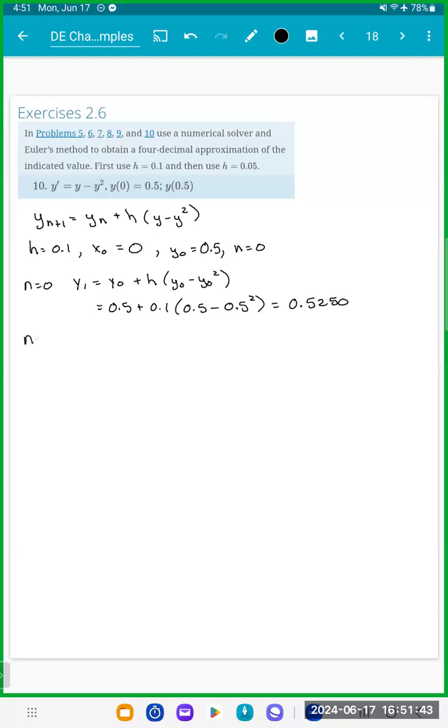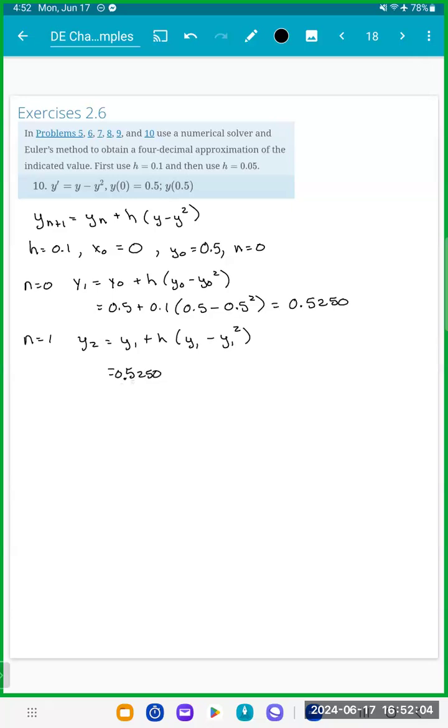When I look at n equal to 1, that is going to be my y2 equals y1 plus h times y1 minus y1 squared. So my y1 value is 0.5250.